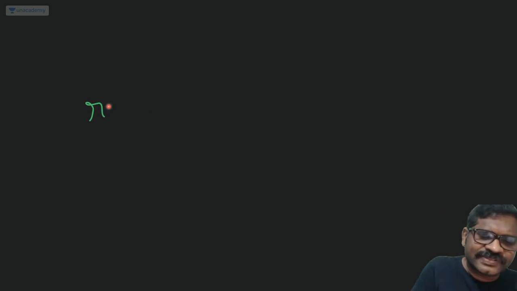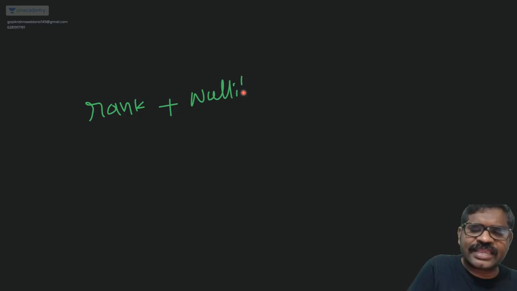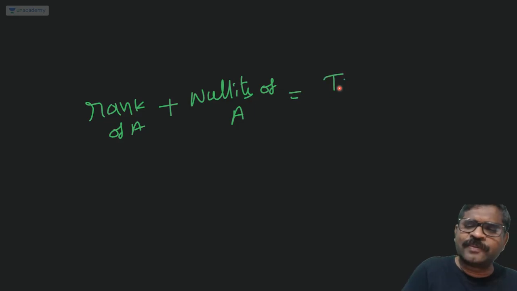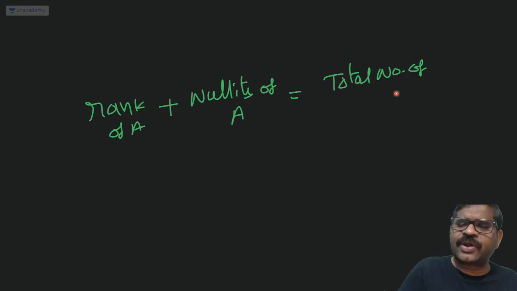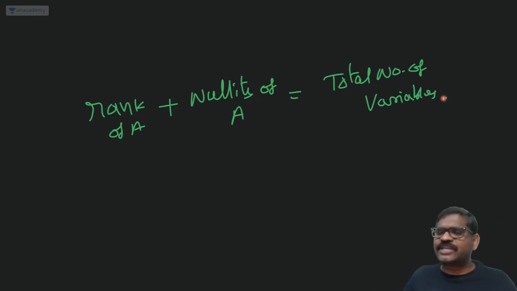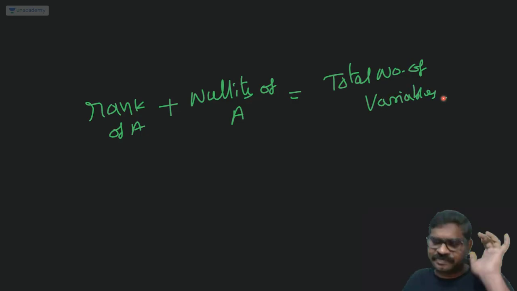Rank plus nullity. Rank of A plus nullity of A equal to total number of variables. This is known as the rank and nullity theorem.